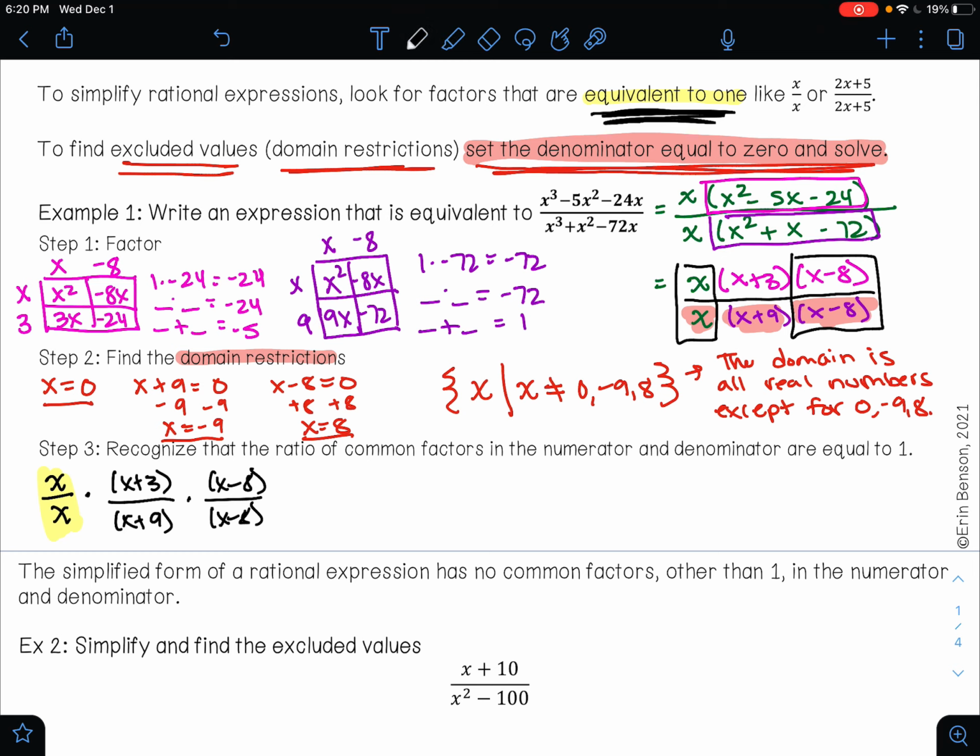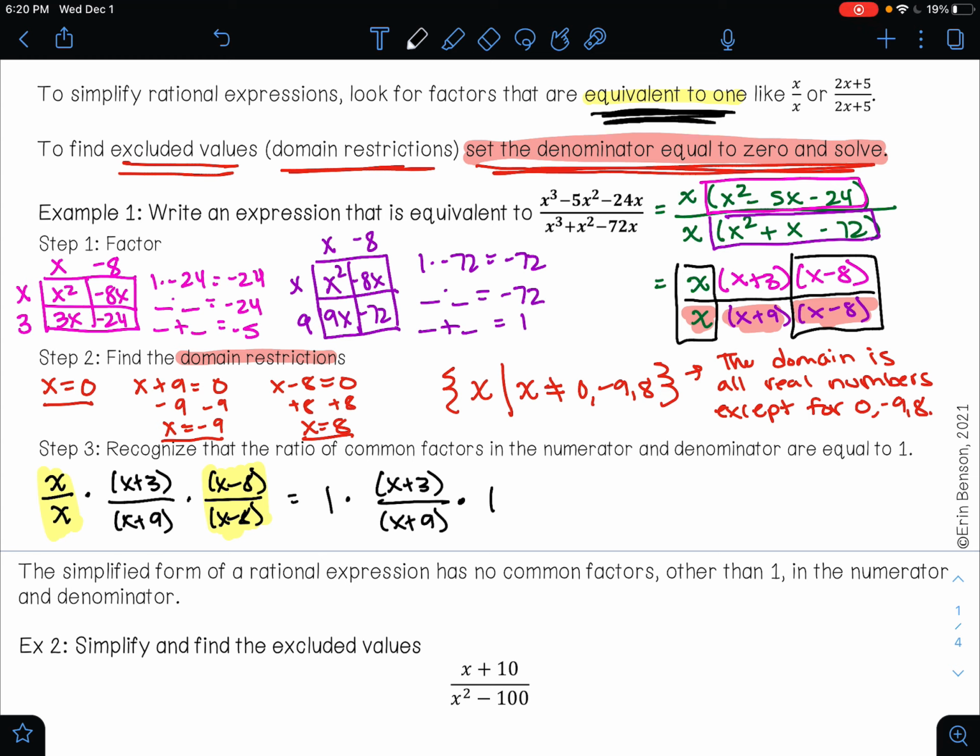Just like how 2 divided by 2 is 1, or 5 divided by 5 is 1. Times, I can simplify this fraction, so it's just going to stay as x plus 3 over x plus 9. Times, here I have equivalent factors over each other. X minus 8 divided by x minus 8 is 1, just like how 10 divided by 10 is 1.